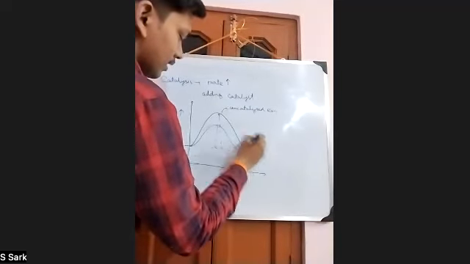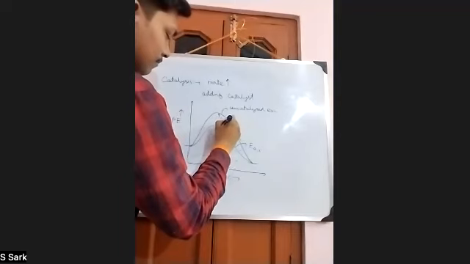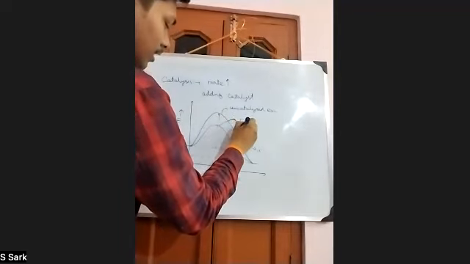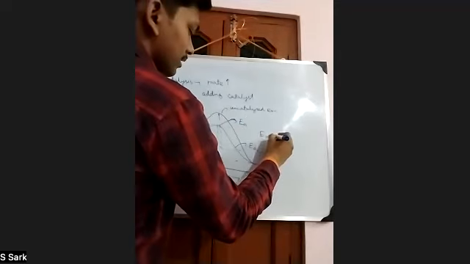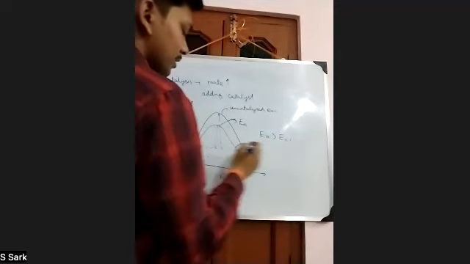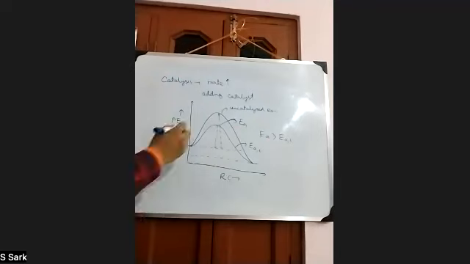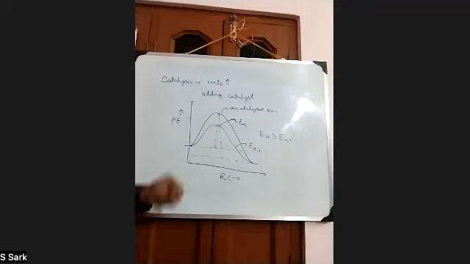So currently you can see that EA is greater than EAC. This means the catalytic pathway reduces the activation energy of the reaction, and this is the process of catalysis by which we benefit in increasing the rate of reaction.